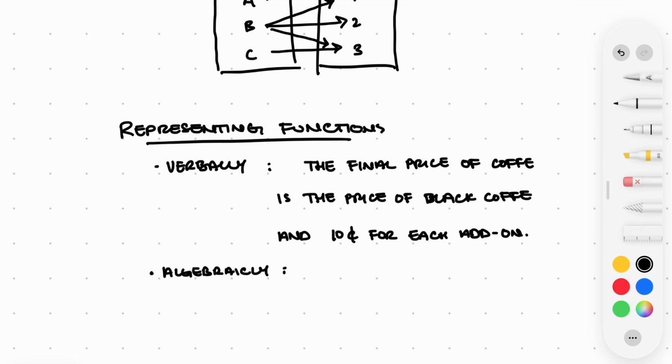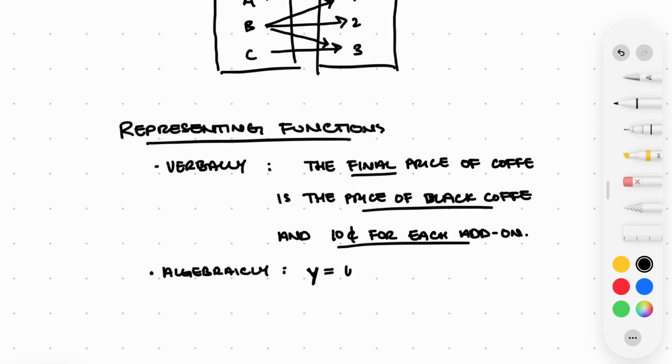I'm going to do an algebraic version of this exact same one here. So we had final price is the price of black coffee, and 10 cents for each add-on. So we have the final price, which is y. I'm going to use the letter y here to make it y equals mx plus b, is equal to, now I'm going to start with actually the 10 cents for each add-on because we're used to y equals mx plus b. So 10, you know what, I'll put this in dollars here.